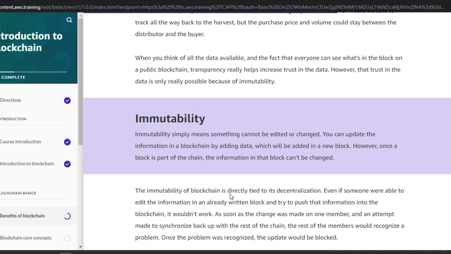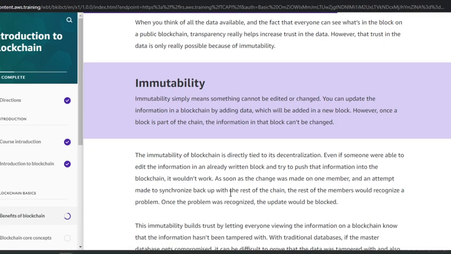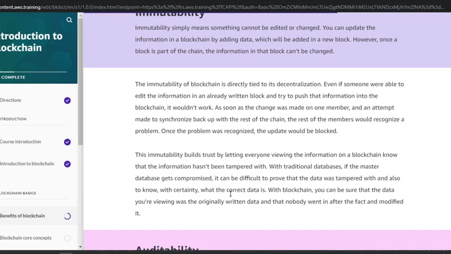However, once a block is part of the chain, the information in that block cannot be changed. The immutability of blockchain is directly tied to its decentralization. Even if someone were able to edit the information in an already written block and try to push that information into the blockchain, it wouldn't work.